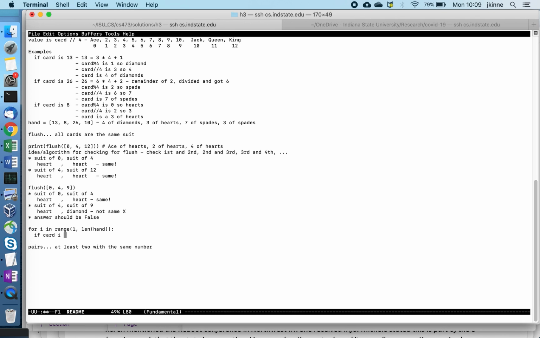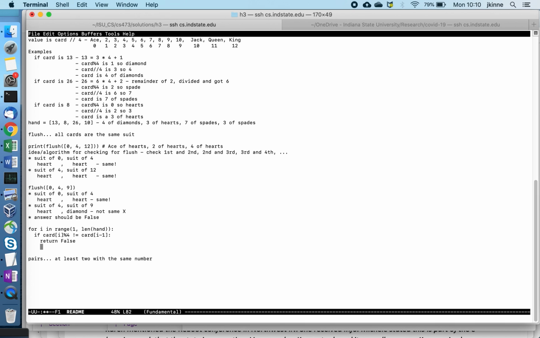If card i, this is going to be pseudocode, is the same suit, let's see, it's actually easier just to do it like this. So this is the suit, and I can test whether they're equal or not. So if they're the same, what do I know? It might be a flush. But if they're different, I know it's not a flush.